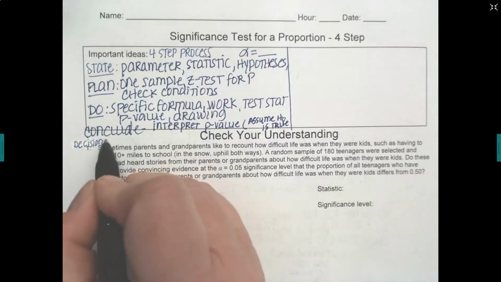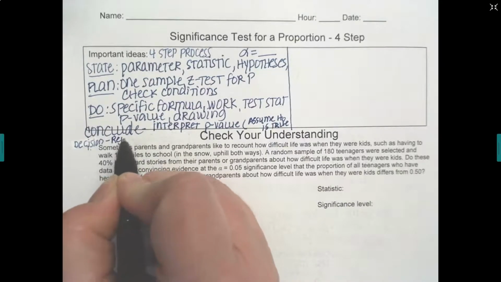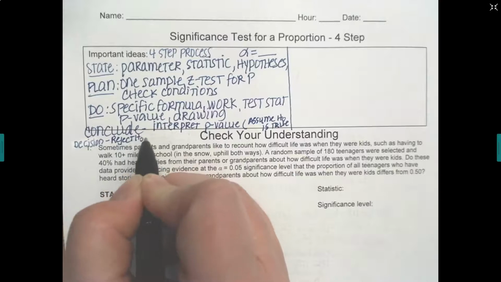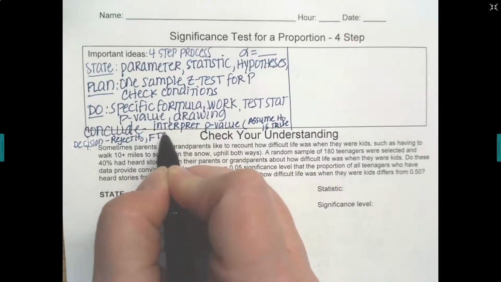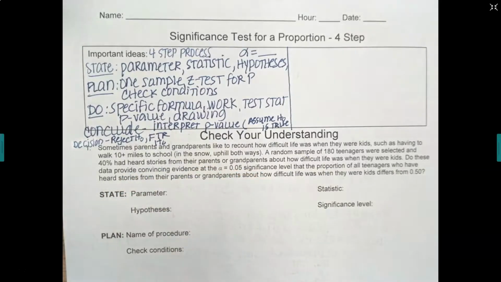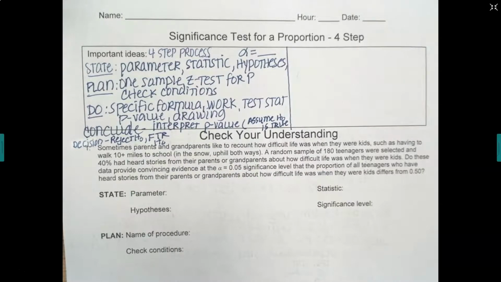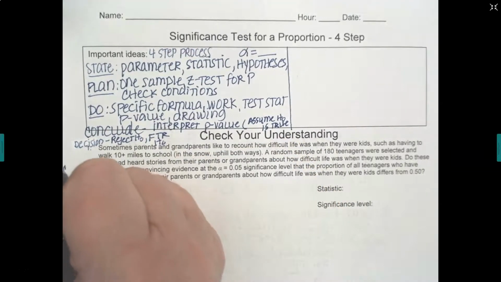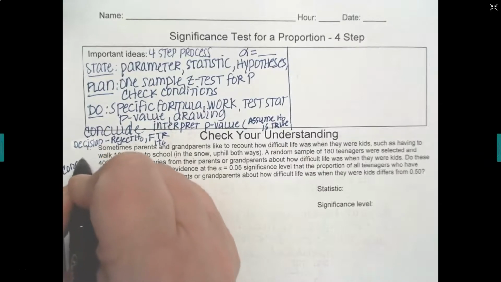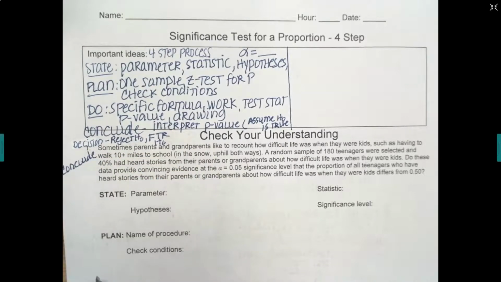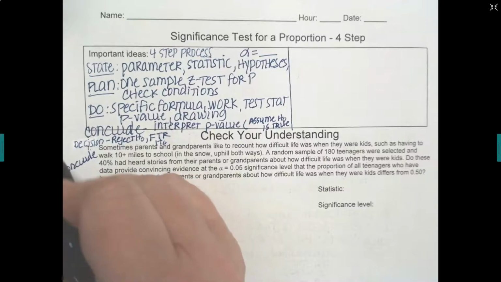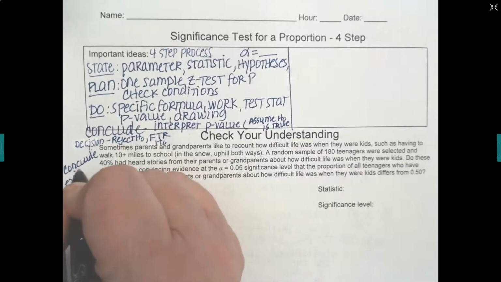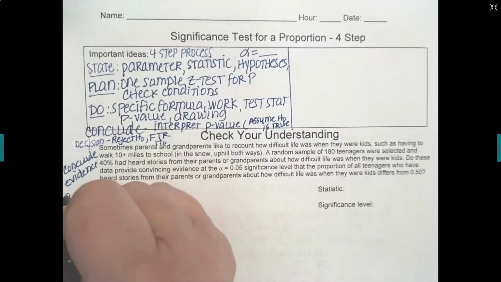So your decision is going to be reject the null or fail to reject. I'm going to say FTR, fail to reject the null. And then the last part is you got to make a conclusion. Okay, so does that mean, do we have evidence for or no evidence for the alternative? Evidence or no evidence for the alternative?